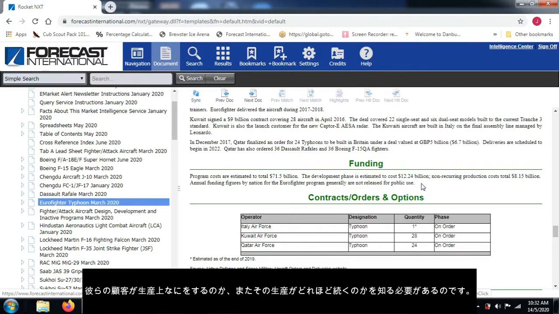They need to know what their customer is going to be doing in terms of production and how long that production run is going to continue.